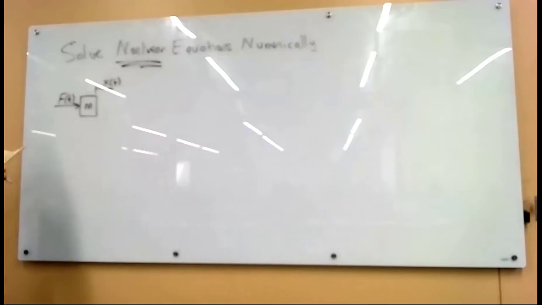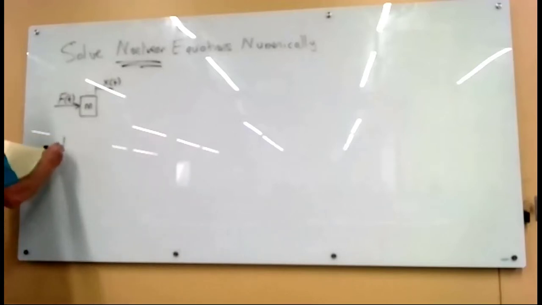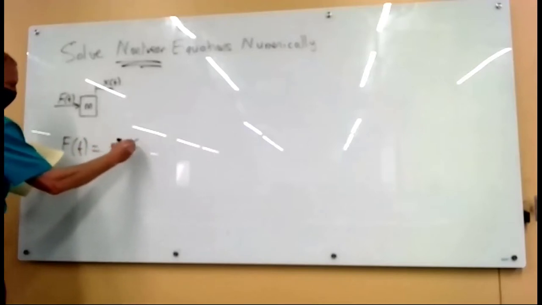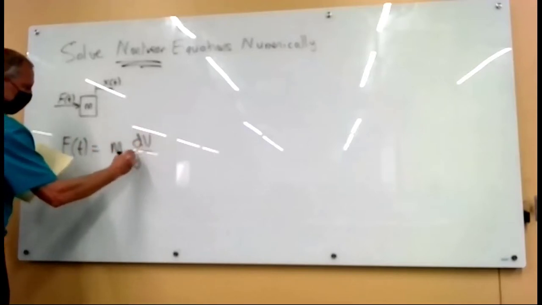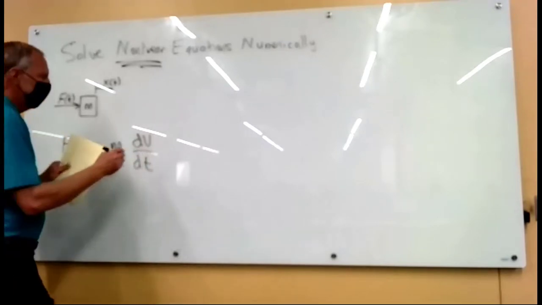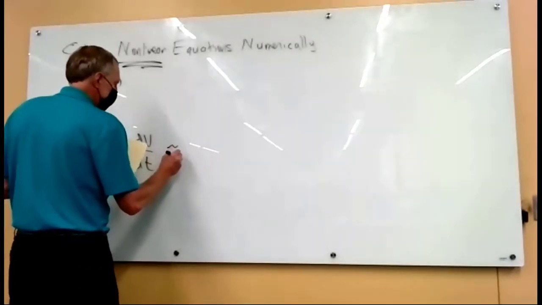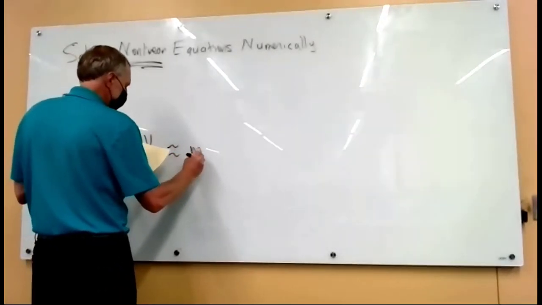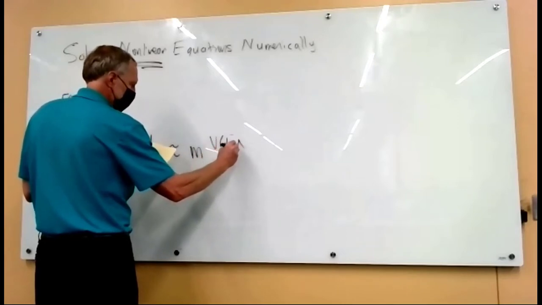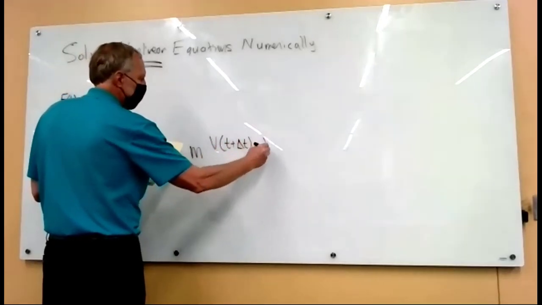All right, so Newton's law. It's real simple for that mass. And the way we will deal with this is we'll integrate it numerically. We'll approximate the derivative over a small time step.